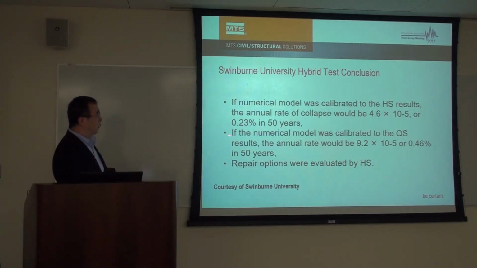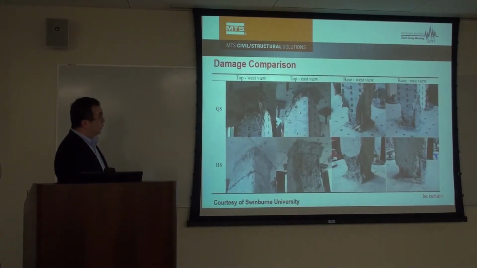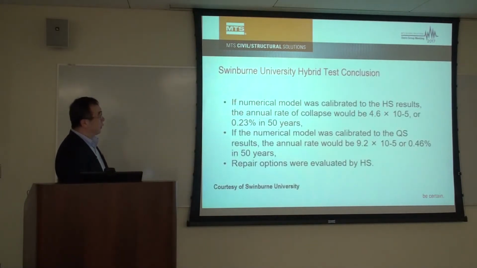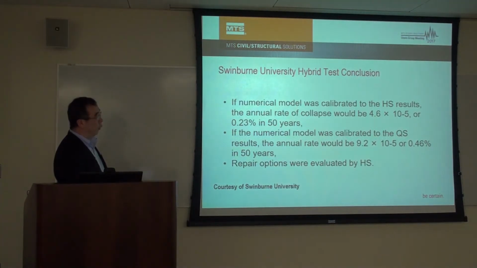So from here you can see that the hybrid test simulating the real earthquake is more realistic loading, and the quasi-static test is a man-made loading, and as a result the damage is a lot more.